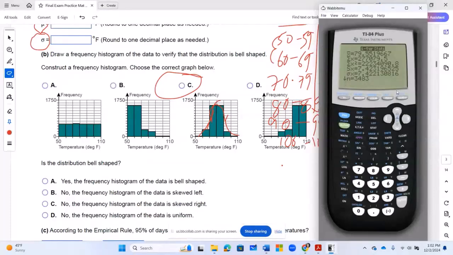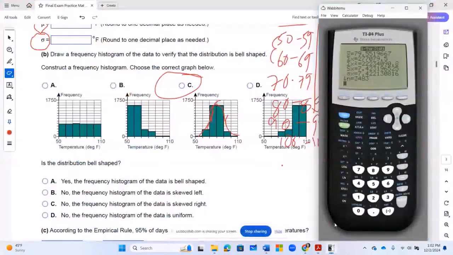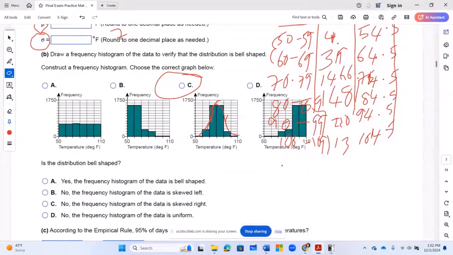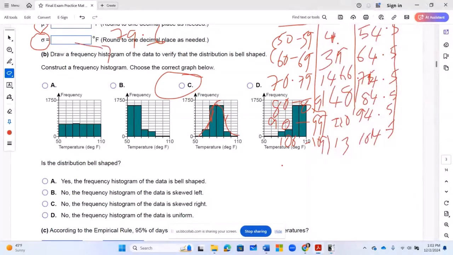Let me quickly find what 2 standard deviations above the mean and 2 below the mean are. The mean is 79.6, and the standard deviation is 7.4.